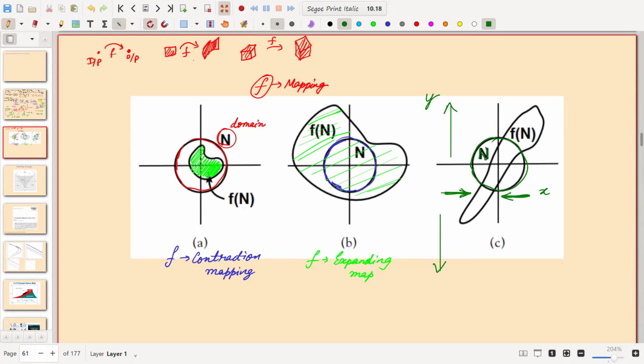Do you agree? So here both expansion and contraction occur. Okay, fine. I hope that is clear.